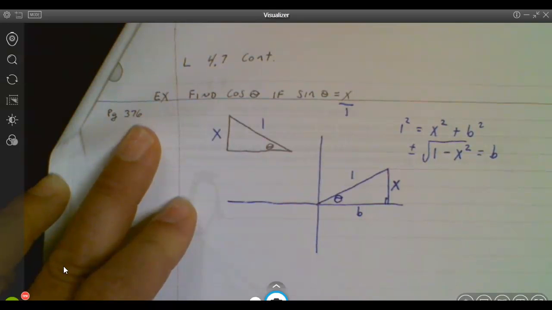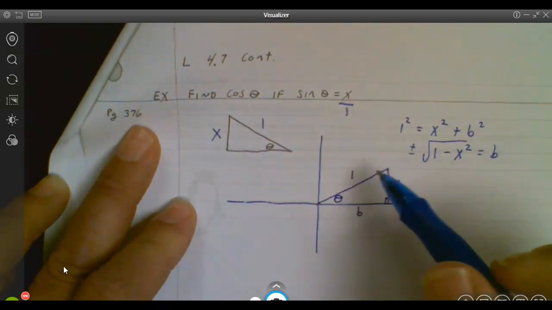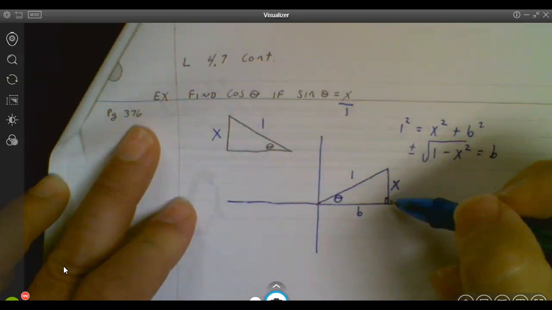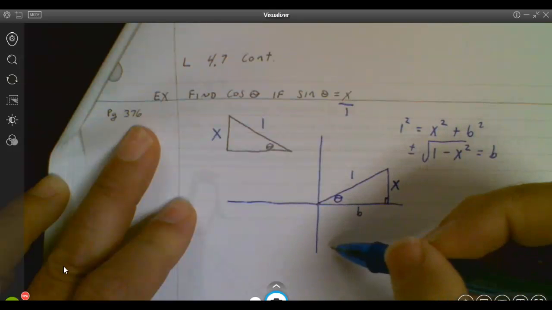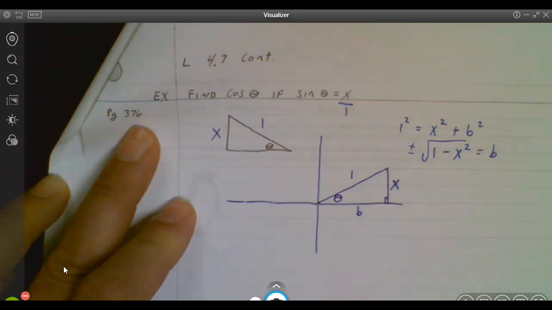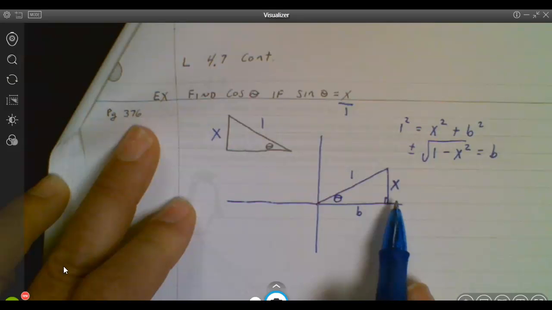However, if you think of where this would be drawn, my sine values, as we already saw, work within this area right here, right? So I can only draw this within quadrants 1 or 4. Either way, I am traveling to the right. So if I drew it in quadrant 1, I'm going right and up.